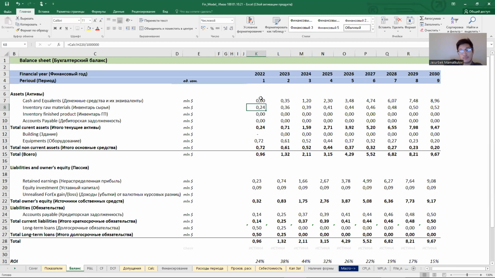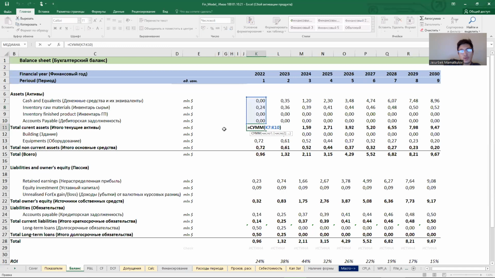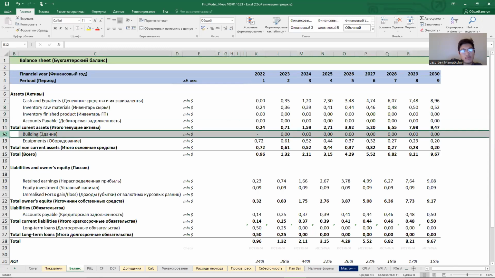So we can do this kind of calculation. Then there's the ready product, the accounts table. Here we don't actually have an accounts table, and it's a total.